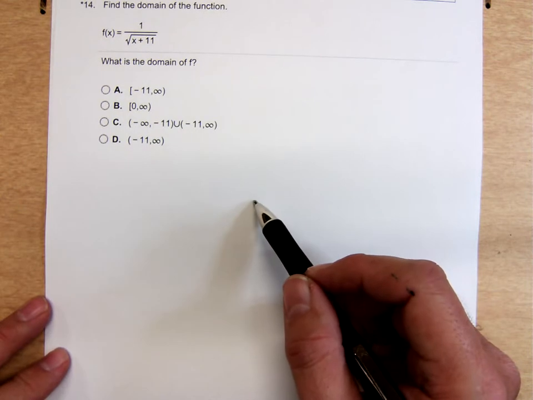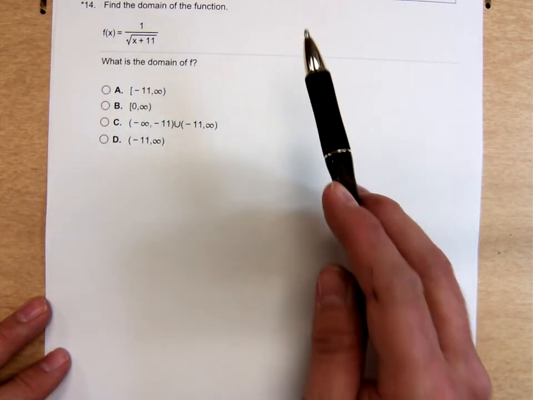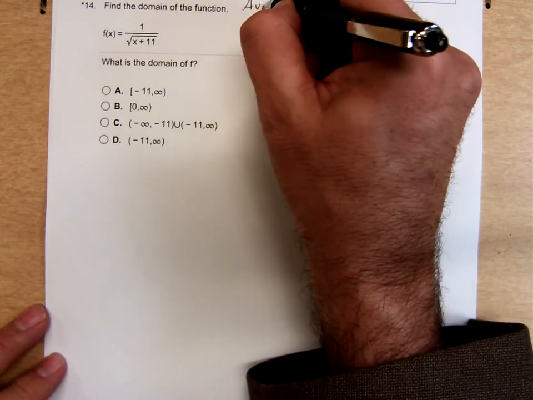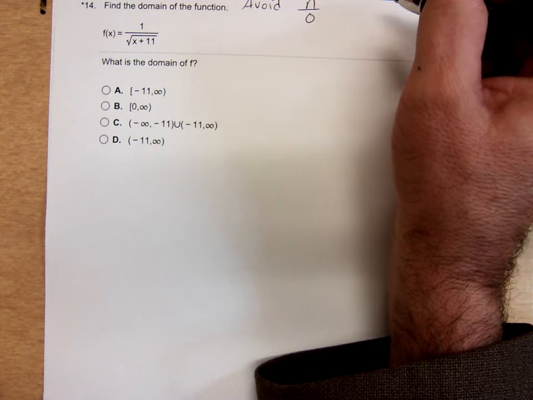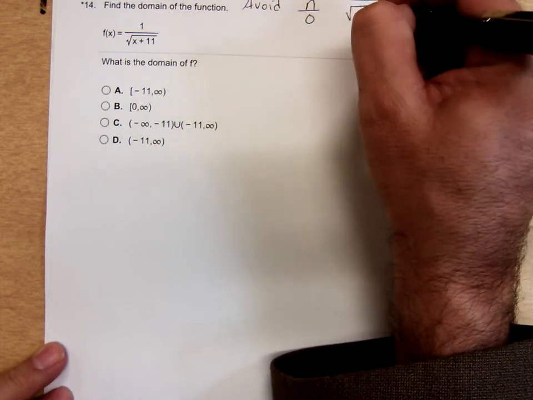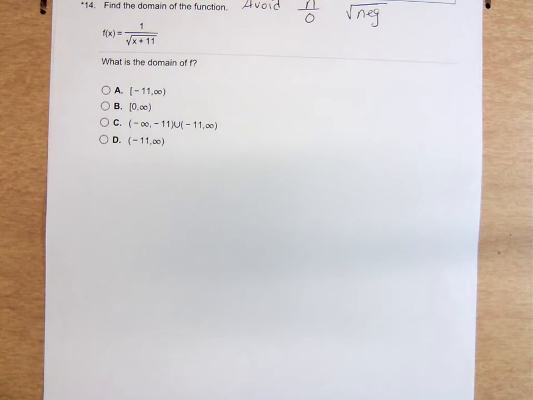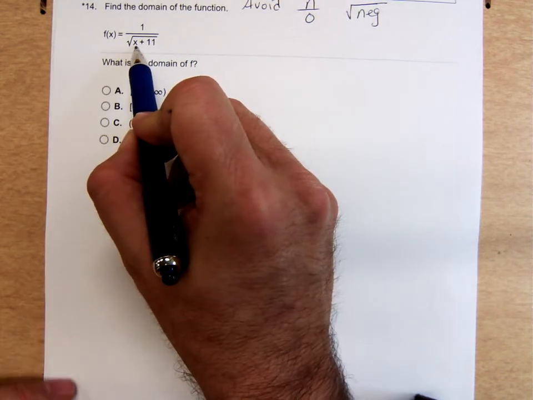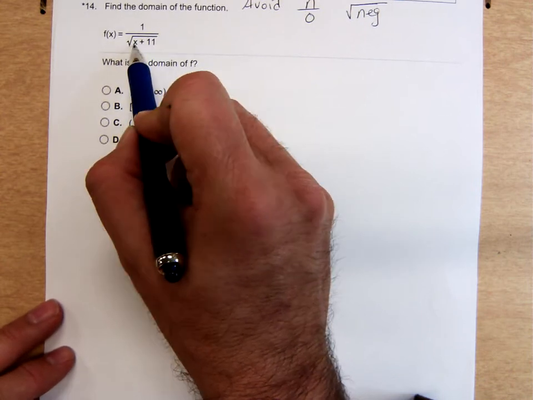When you're told to find the domain of a function, there's 2 things you want to avoid. You don't want a 0 in the bottom of a fraction, and we wouldn't want negatives under the square root. By that I mean we can't put a -100 in for x, because that would give us the square root of a negative number. That would give us an imaginary number.